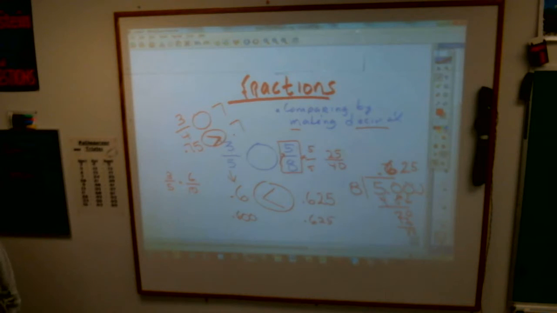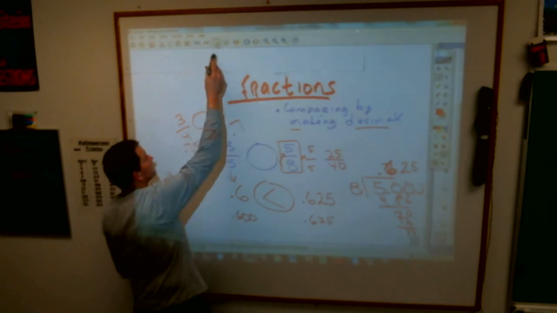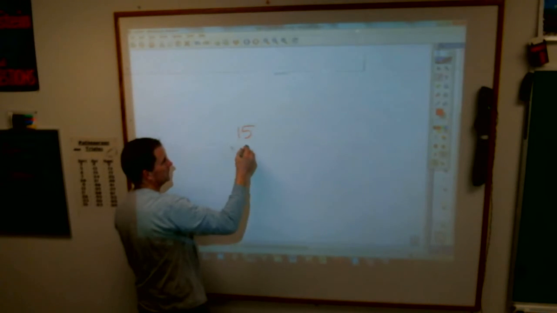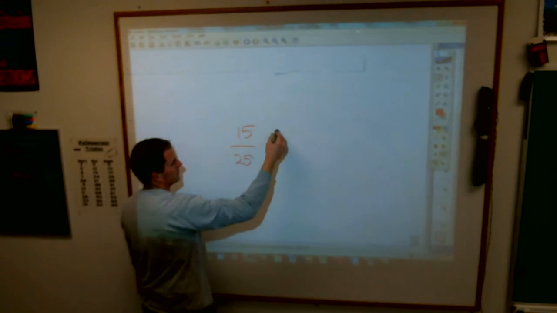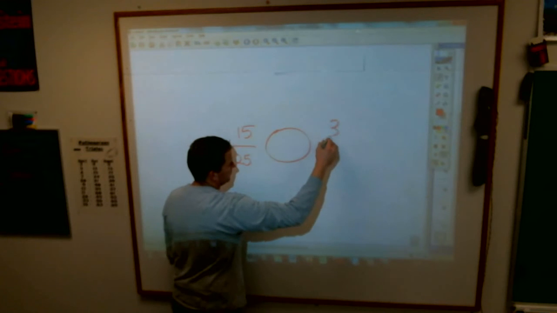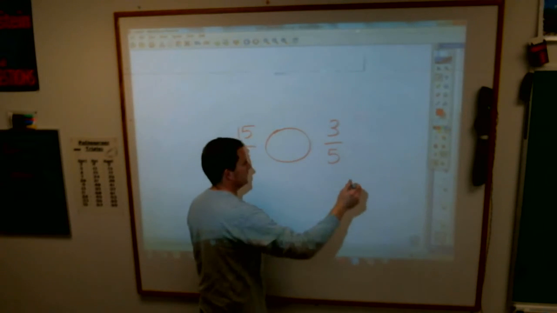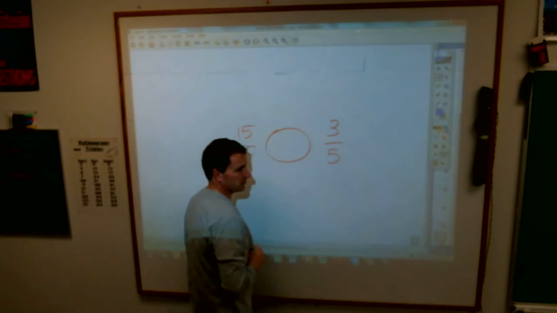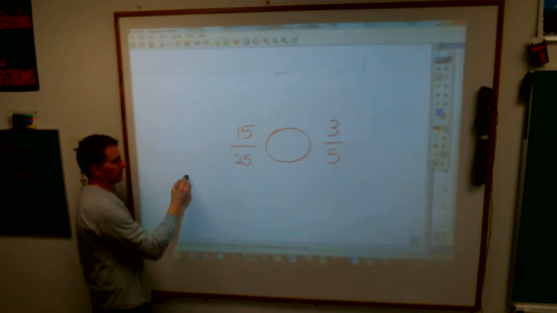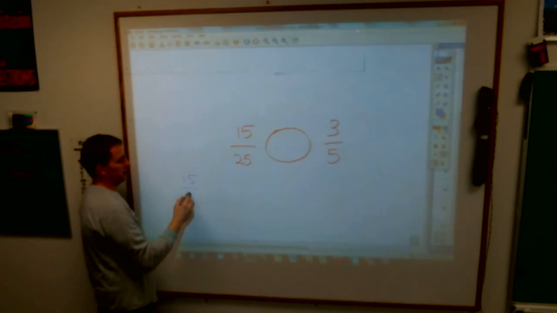One more. 15/25 compared to 3/5. What is 15/25 as a decimal? What number would you change that to?